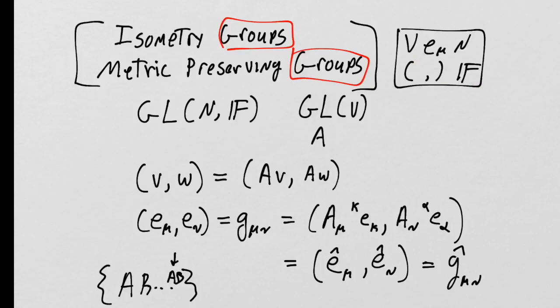We now know that the general linear group will represent all basis transformations inside the metric space. We know the special linear group will represent all the volume preserving basis transformations for that vector space. Now we know that given this metric, there's some collection of elements of the general linear group that may keep that metric invariant.